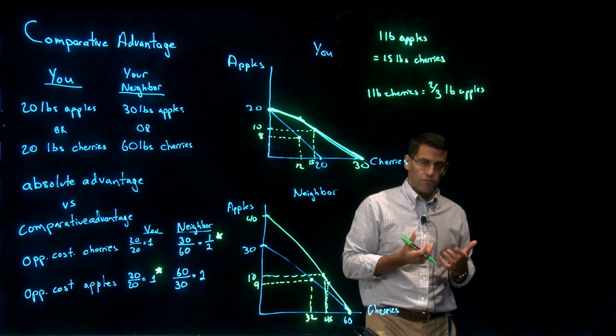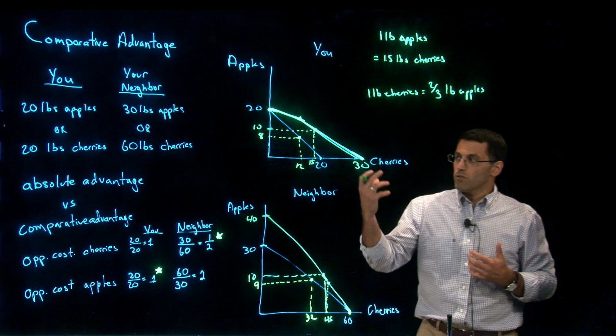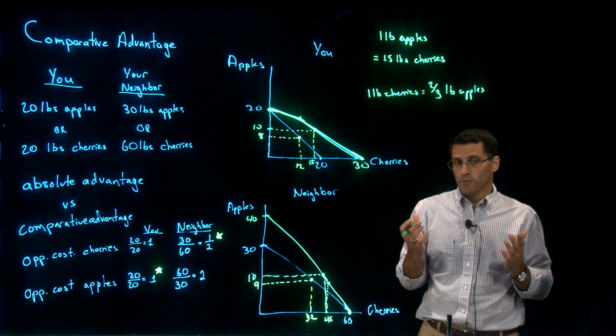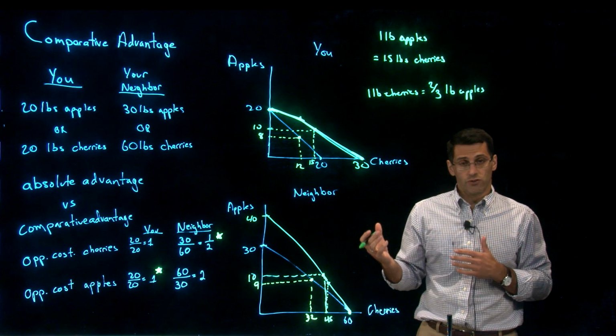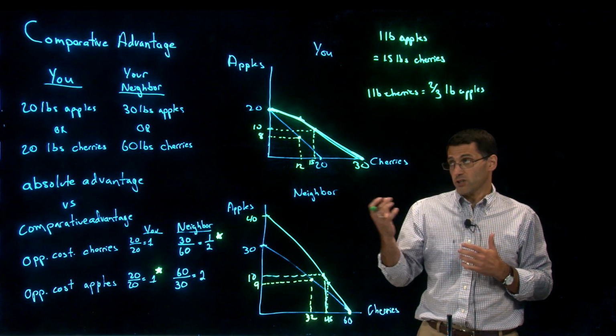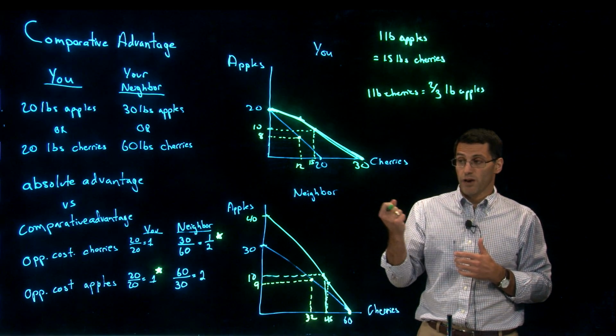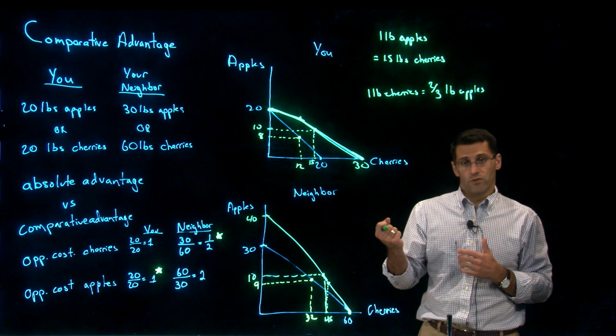This is a pretty powerful insight, right? You, even though you had a disadvantage, right? You didn't have an absolute advantage in either picking cherries or apples, but by specializing in apples, you can still have something to trade and be better off by trading with your neighbor.